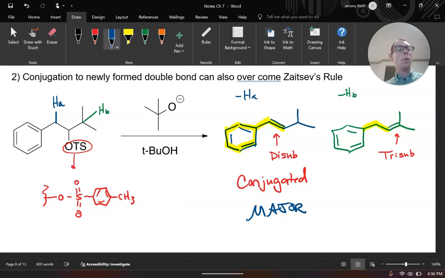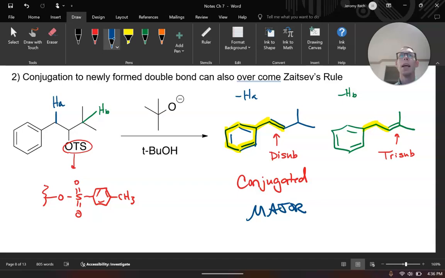So the vast majority of the time, we are going to follow Zaitsev's rule. We're going to try to make the most substituted double bond. However, there's a few exceptions that we want to keep in our head. First off, can you actually abstract that proton? Because for E2, you need to make sure that you're anti-periplanar. If you have a big bulky group, especially like a quaternary amine, that's going to be an example of something that can do a Hofmann elimination.